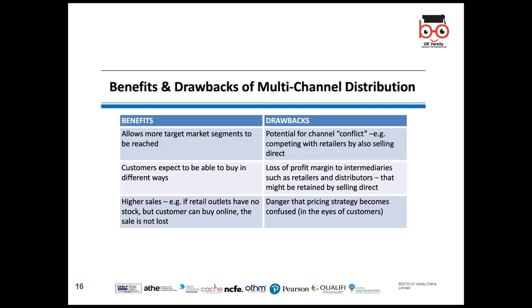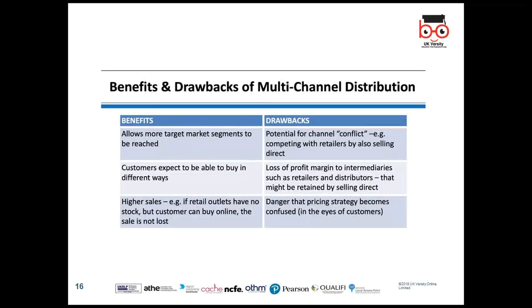Drawback: potential for channel conflict, so we need to make sure conflict won't happen. Competing with the retailer by also selling direct. If I'm selling online at one price and through shops at a different price, that can create a mess for the business, so we need to be very careful.